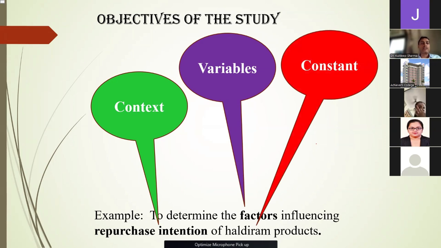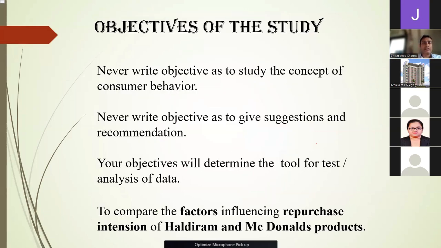Why constant variable? Because when I say with respect to Haldiram product, that means in all my study, I am going to conduct my study keeping Haldiram as an important or a constant variable. Because when I study Haldiram, I will study the packet food of Haldiram, all varieties. Is this clear? Let's move further.